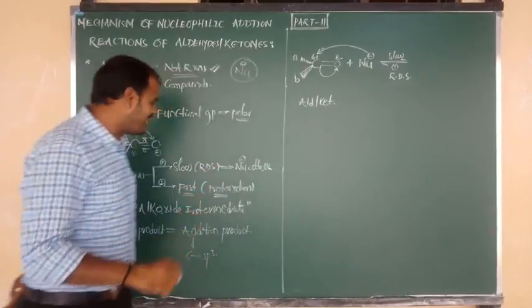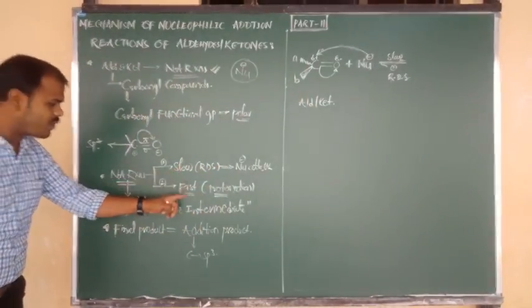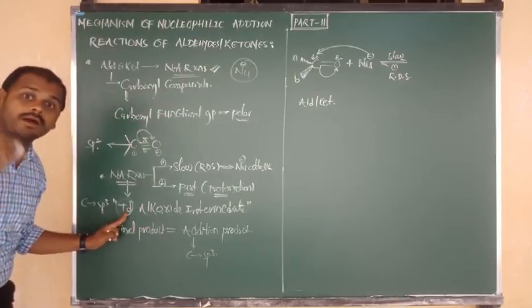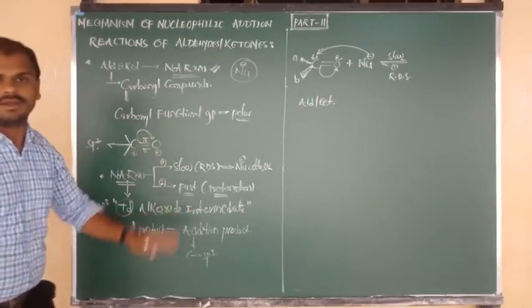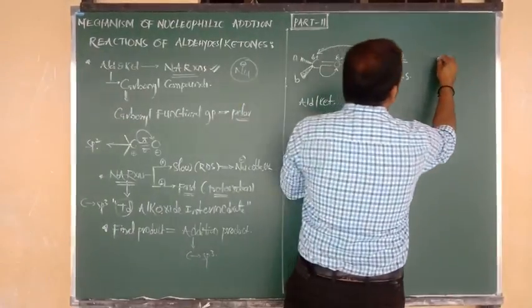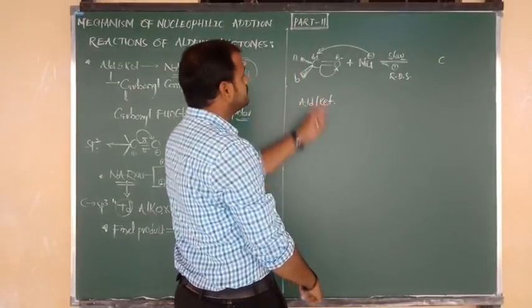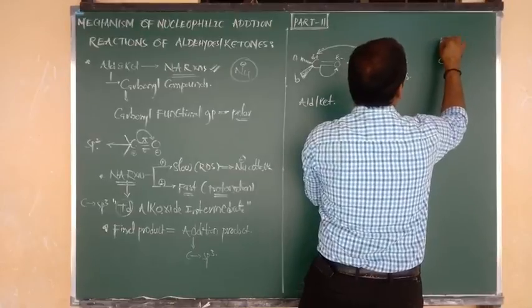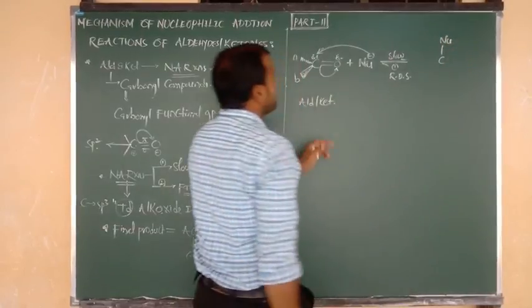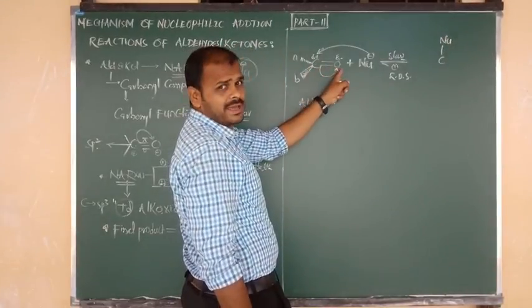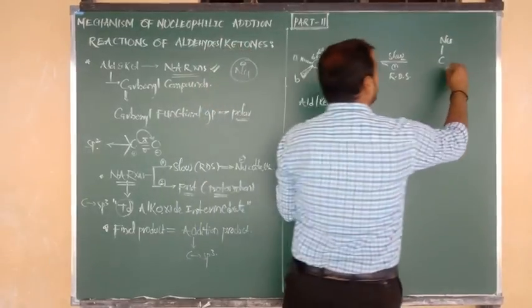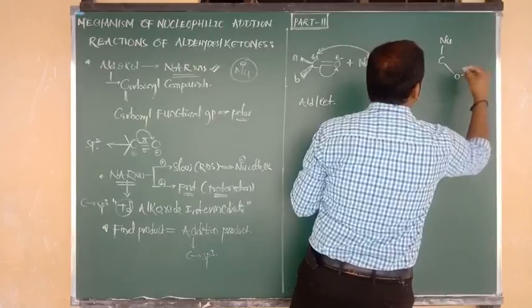Good. Now we are going to get the intermediate. After the slow step, between slow and fast, we get one intermediate. This is the tetrahedral alkoxide intermediate. The central atom is C. C is attacked by the nucleophile from above the plane. On the right side the double bond O is there, but the pi bond is shifting towards the oxygen, so here we write O minus.